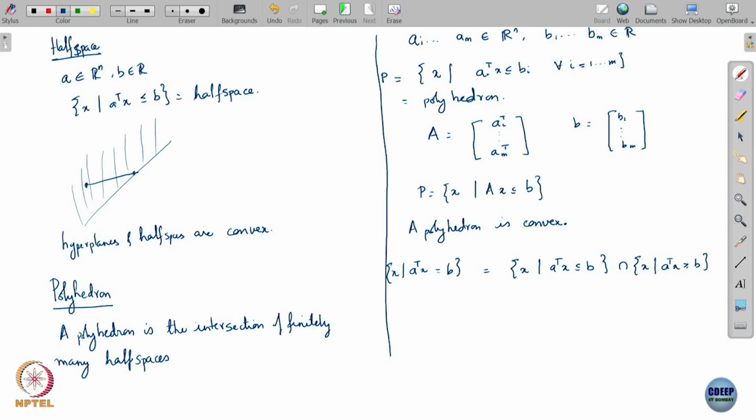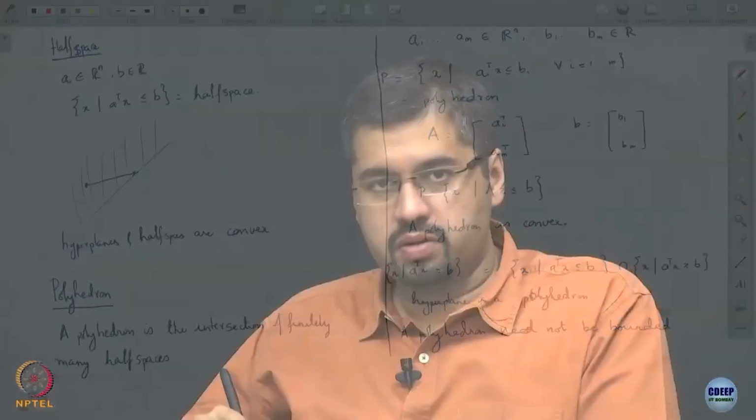Consequently, it is also a polyhedron. So every hyperplane is a polyhedron. A polyhedron need not be bounded.